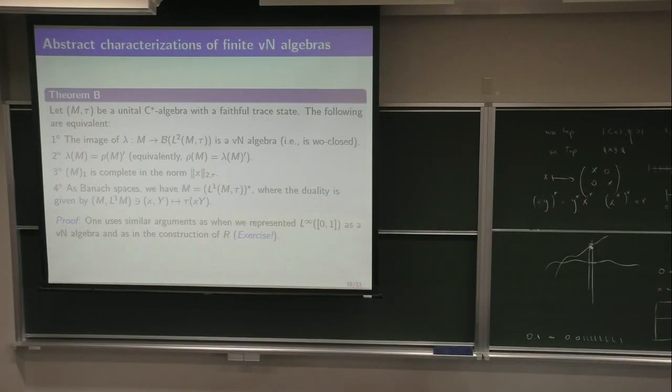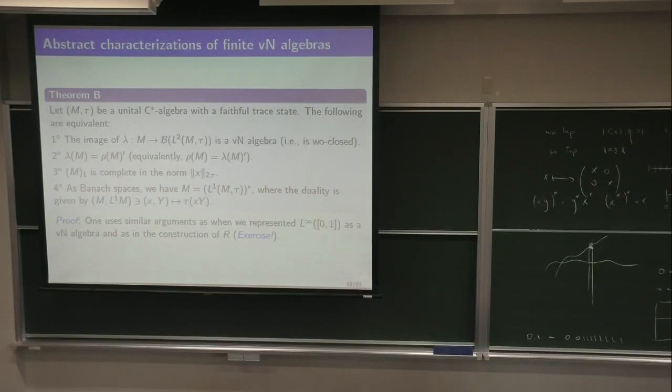And now this is very interesting and useful: the unit ball of M, this is completely intrinsic. So here there are Hilbert spaces, but here there are not. Here it's just a C-star algebra, and I'm requesting that the unit ball of M in the operator norm is complete in the norm 2. So that's completely axiomatic.